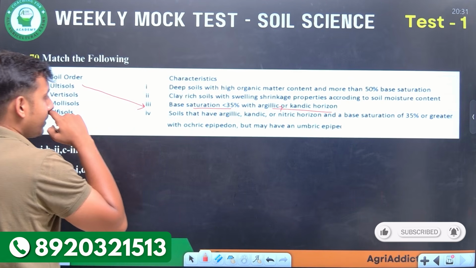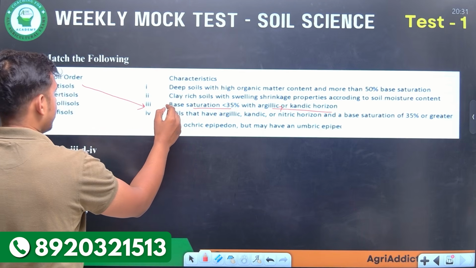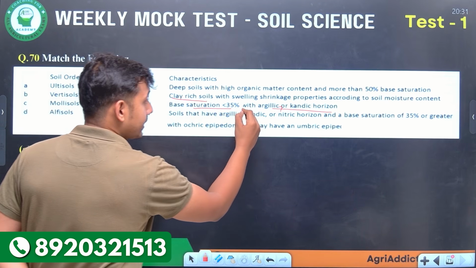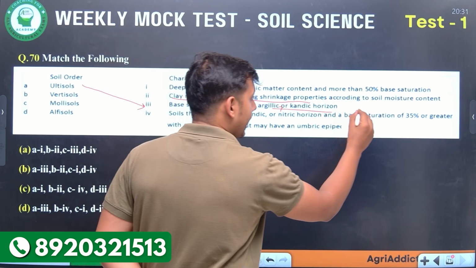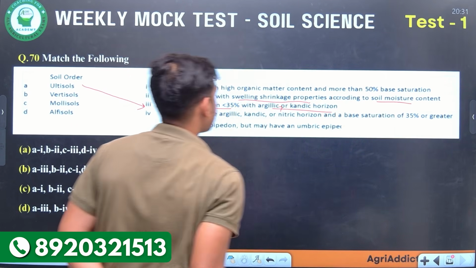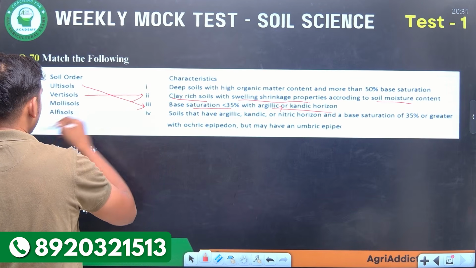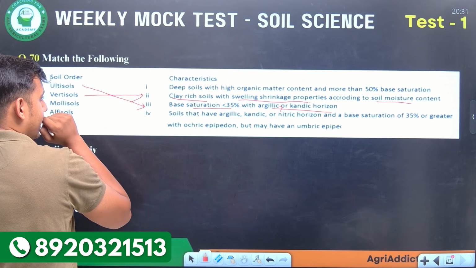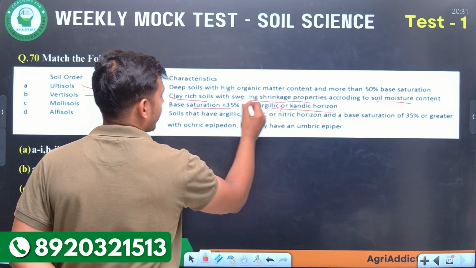Then vertisol. This is clay rich soil with swell shrink property. We know that vertisols have swell shrink property, according to the soil moisture content also. So vertisol goes to 2. Then mollisols have deep soils with high organic matter.